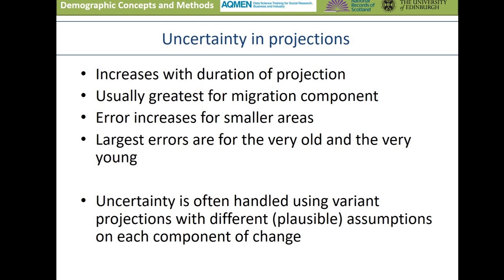So as we move from national projections to subnational, district or council area projections, to local projections within those council areas or district areas, we would see an increase in error as we move to smaller areas. And if we're thinking about age, we tend to see the largest errors for the very old and the very young. Uncertainty is often handled using these variant projections, which use different but plausible assumptions on each of our components of change.